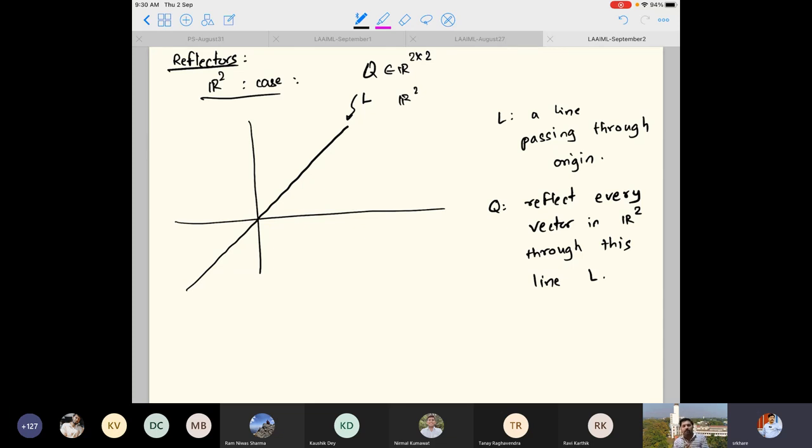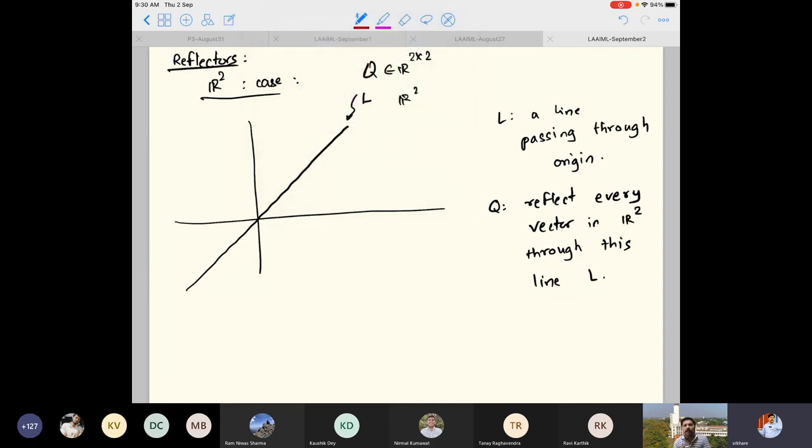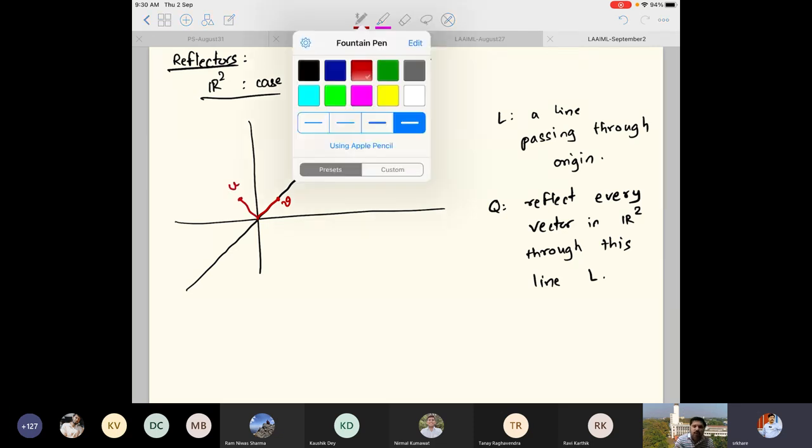First thing first, I choose two important vectors, because this is going to be a linear transformation. I choose this vector, I call it V, and I choose this vector, I call it U. How do I choose U and V?